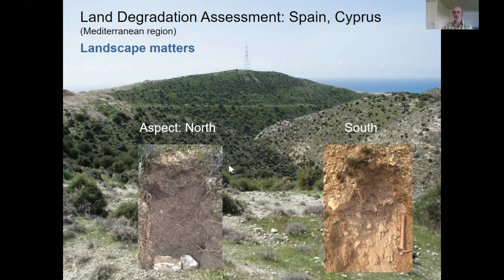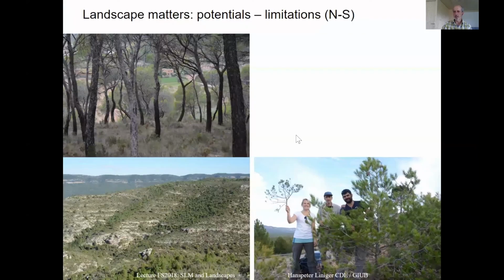What is the potential for these two situations? And then, how is it in terms of land degradation? How is it in terms of solutions? So we were asking in that area, one of the issues is fire management, forest management in Spain, in a certain region here. We looked at it and said, okay, there are some very nice forests there.